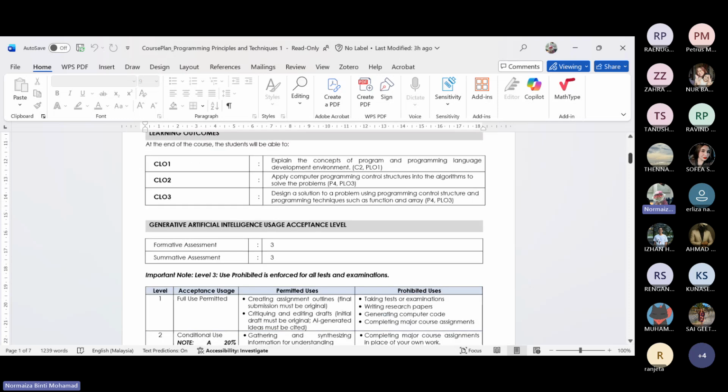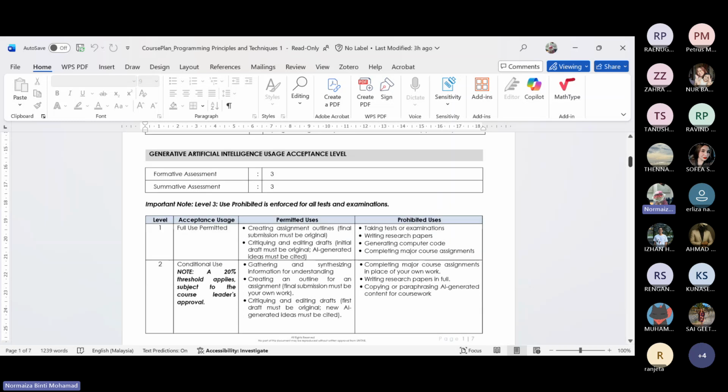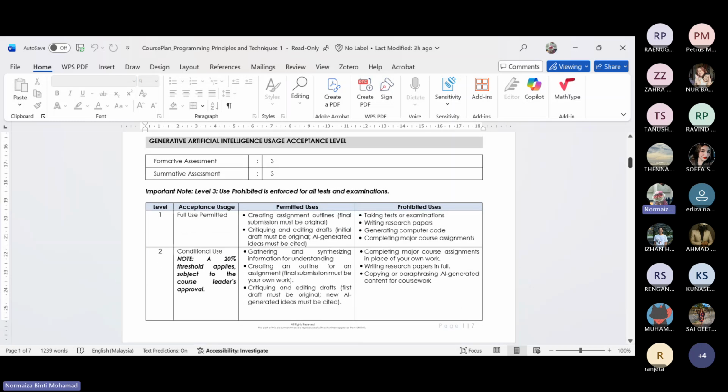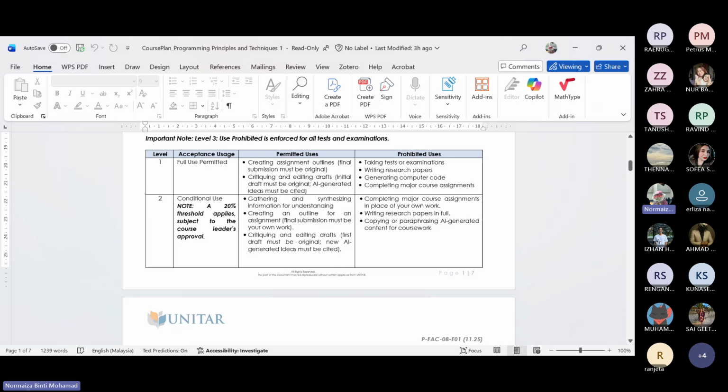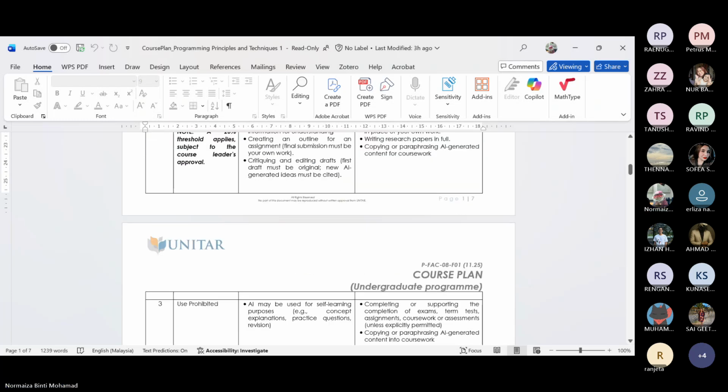So beginning this semester, we have the generative AI usage acceptance level. That is basically the level of AI you can use for your assignment and exam. But the course leader has stated that for summative assessment, that means your exam, it is not permitted; you are specifically not permitted to use any AI for the final exam.